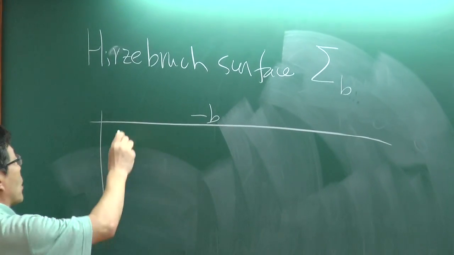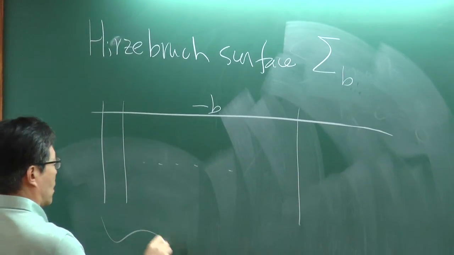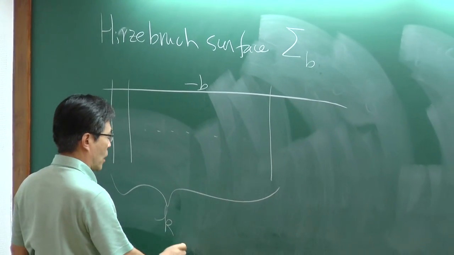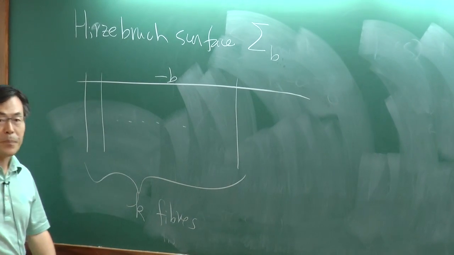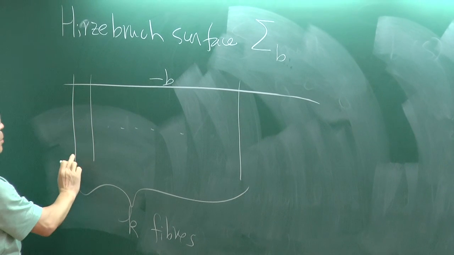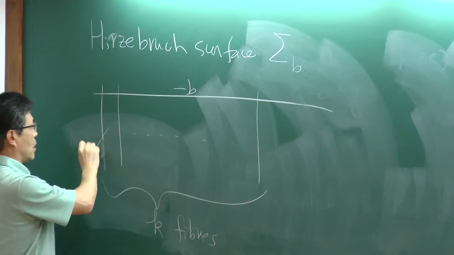Then you take arbitrarily many, sufficiently many, K rulings, K fibers. And then you blow up twice so that each becomes like this.